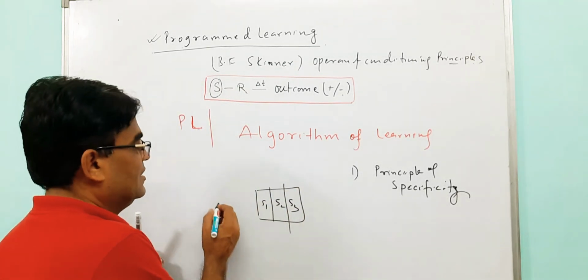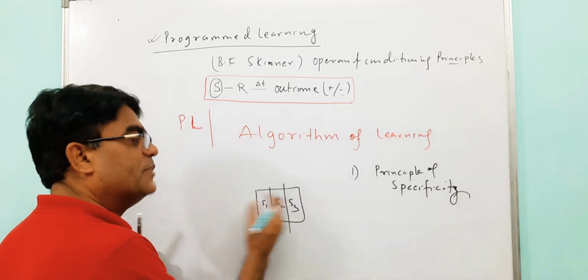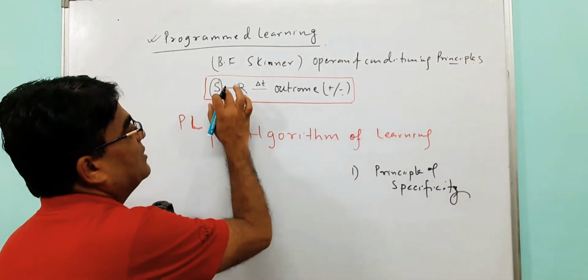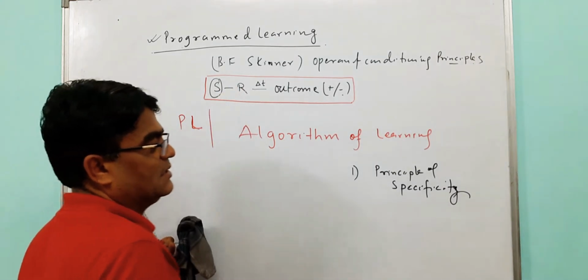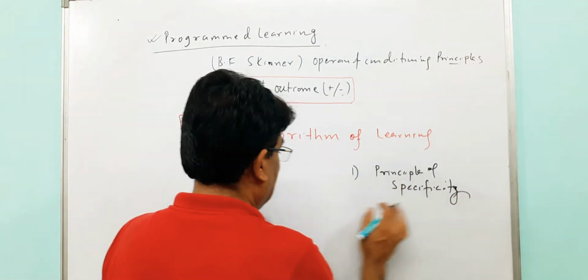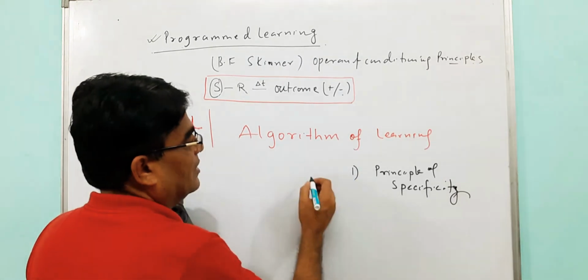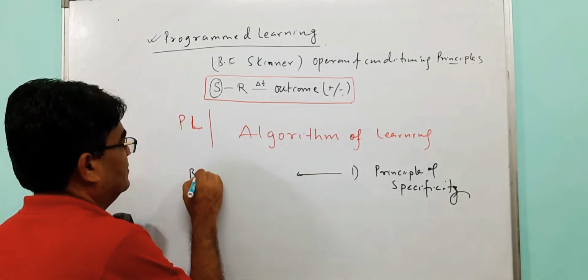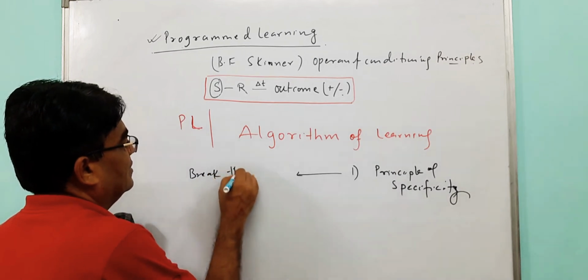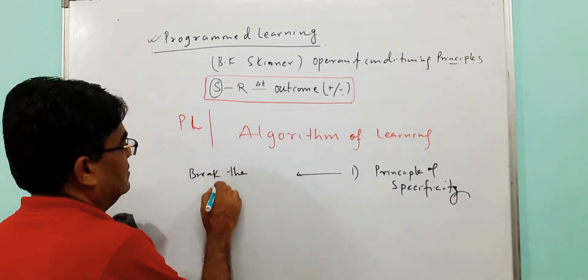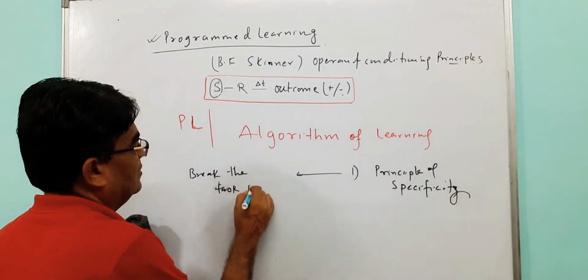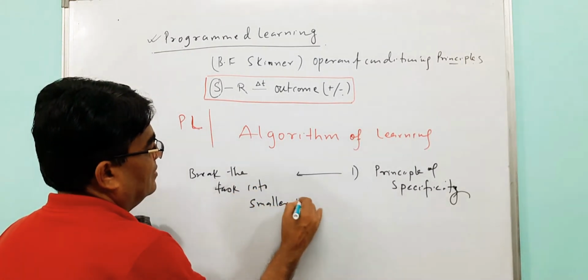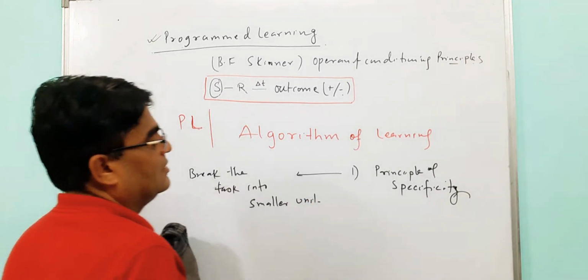Suppose this task is composed of S1, S2, S3. You break it for this specificity, so that when a stimulus is specific, the response will be specific. The underlying procedure is to break the task into smaller units.